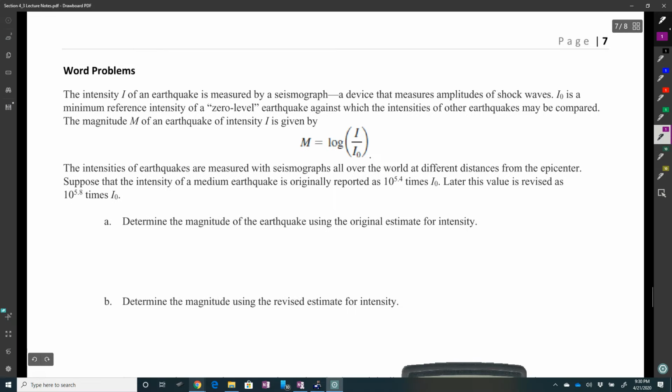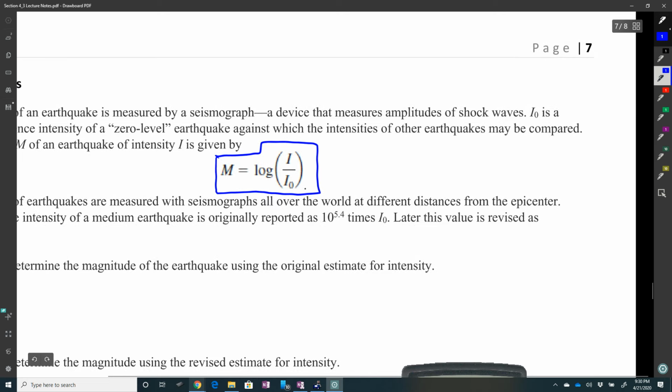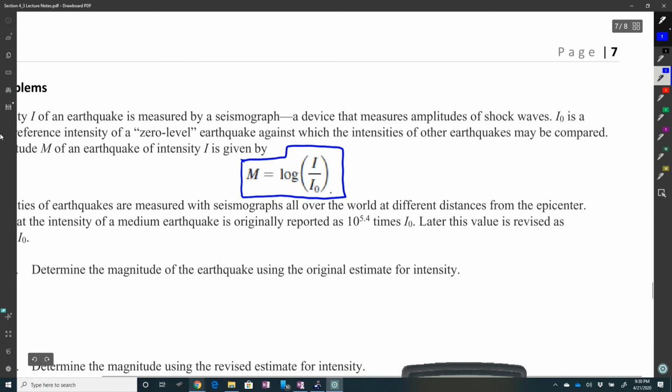So the intensity of an earthquake is measured by a seismograph, a device that measures the amplitude of shock waves. Okay, so here's the formula that they're giving you. Where I0 equals a level 0 earthquake.